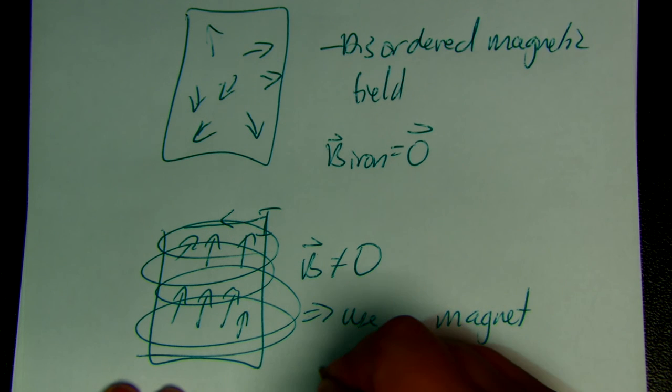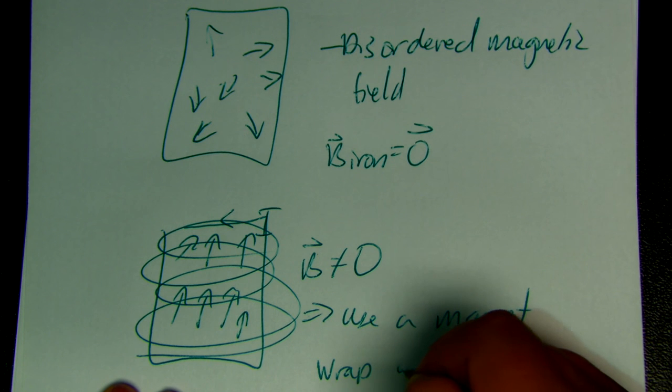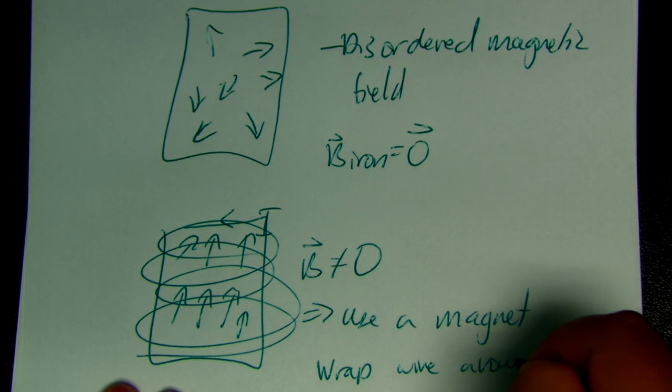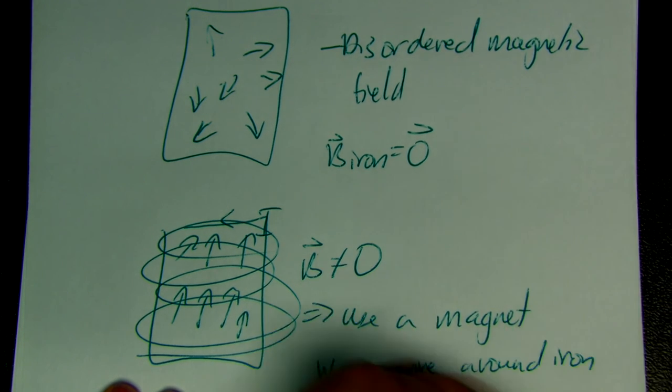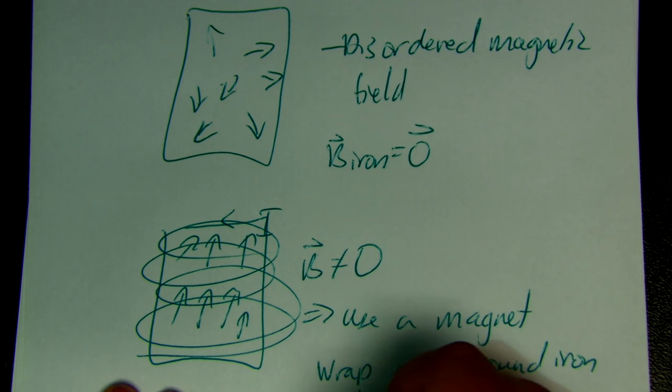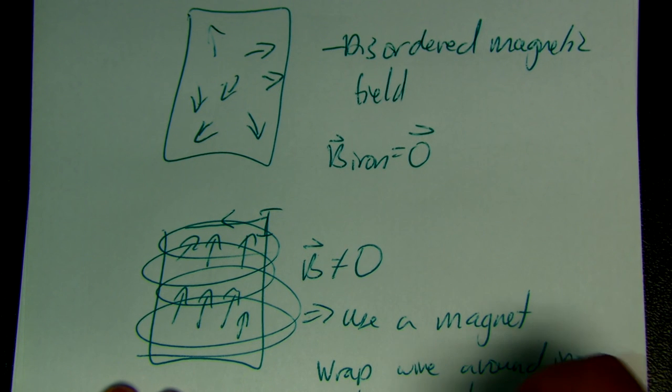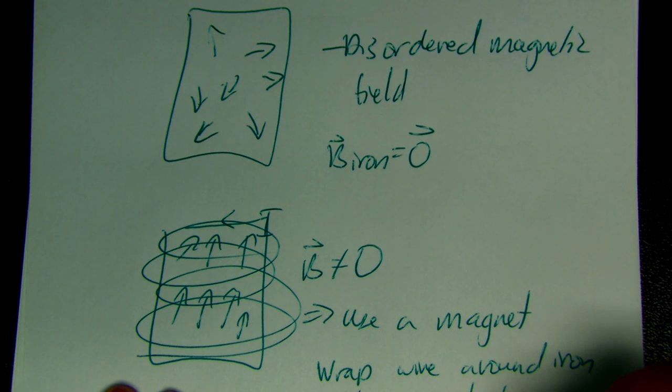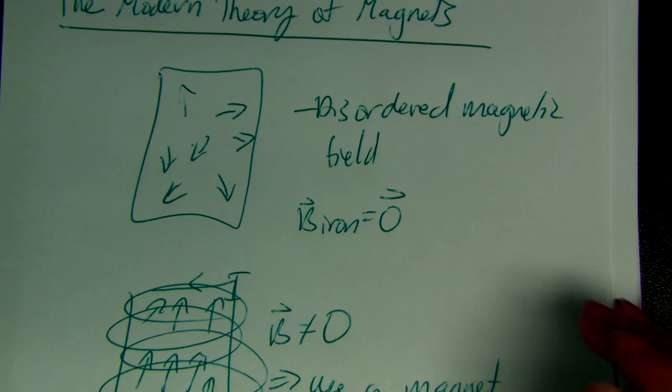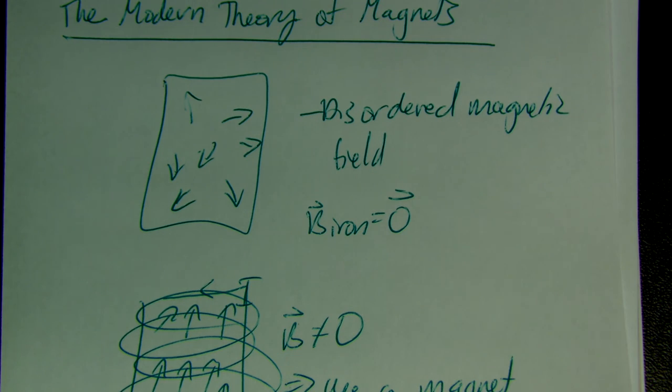And if you wrap a wire around iron, you have an electromagnet.